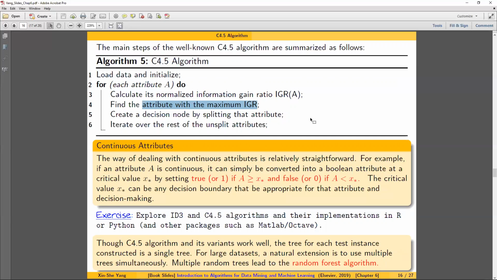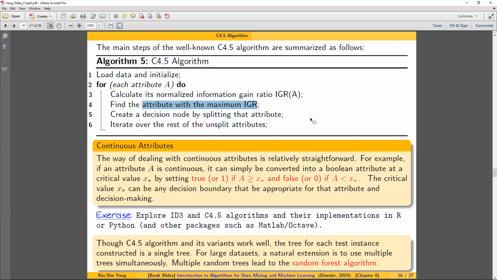For continuous variables, C4.5 deals with them by converting the continuous variable into a Boolean attribute at a certain critical value x star. If a is larger than or equal to x star, then we give a value of 1 or true. Otherwise, we give a value of false or 0. And x star can be any decision boundary that would be appropriate for that attribute and decision making.